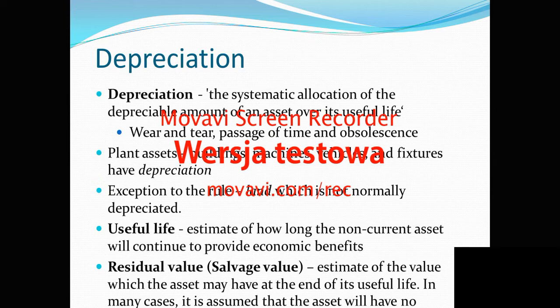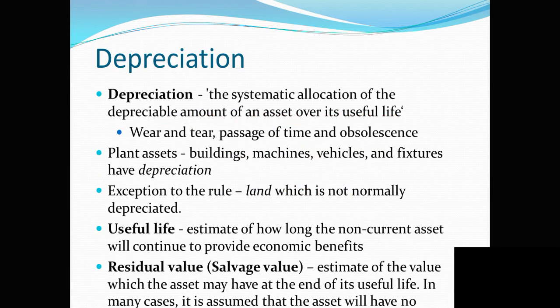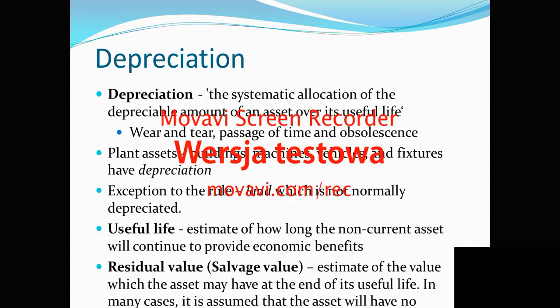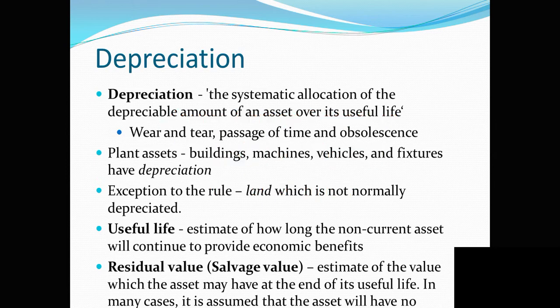When companies buy plant assets such as buildings, machines, vehicles, and fixtures, they don't show the purchase price as an expense. Instead they put the purchase price on their balance sheets, and every year for a certain period of time they depreciate it.